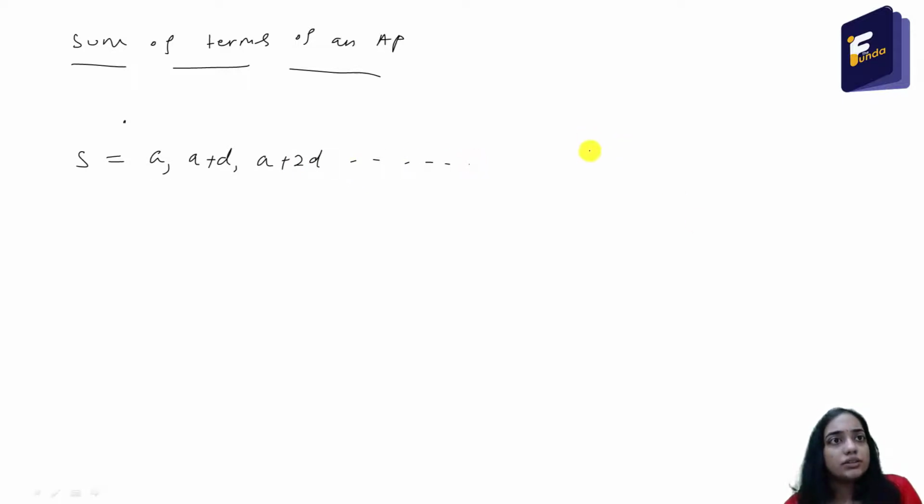We know that the last term is B, so the last but one term is B minus D, and before that it is B minus 2D. So this is our AP. The first term is A, the last term is B, and we have found some middle terms like A plus D, A plus 2D, and B minus D, B minus 2D.